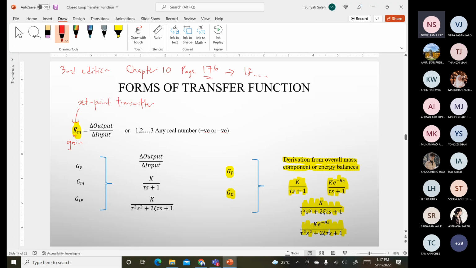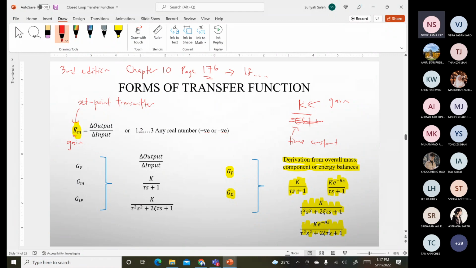For example, for the first order you have K over tau S plus 1, where K is your gain and tau is your time constant. So whenever the set point transmitter is only the gain, that means you don't have the tau. You only have the value of K. If I put G, it can be in the form of the gain or the first order.